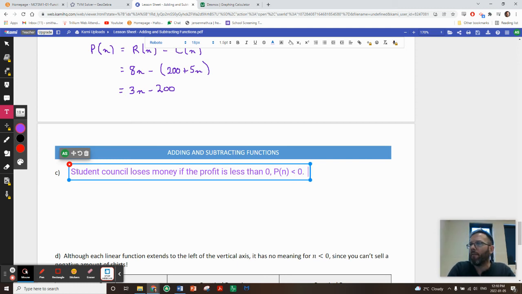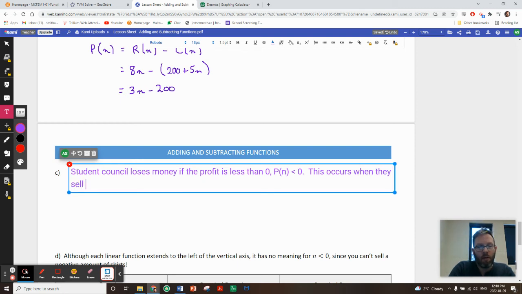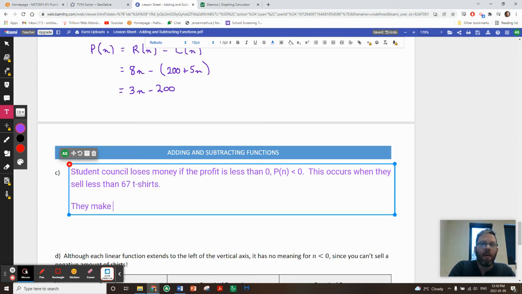And we've already seen this occurs when they sell less than 67 t-shirts. They make money if the profit is more than 0. Profit function is greater than 0. Of course, visually, this means it's above the horizontal axis.